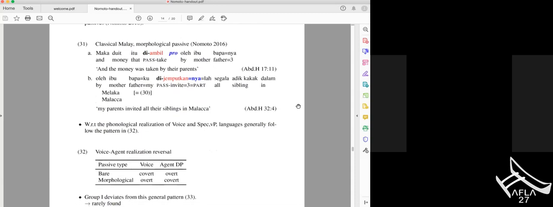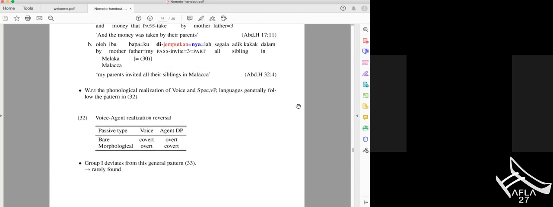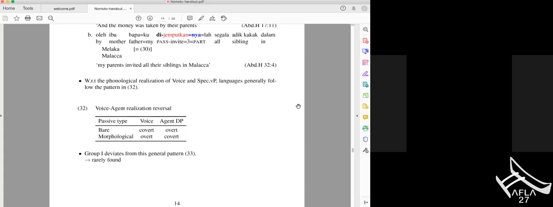With regard to the phonological realization of voice and spec little vP, the languages seem to follow the pattern in 32. If the voice head is covert, the agent DP is overt. But if the voice head is overt, the agent DP tends to be covert.